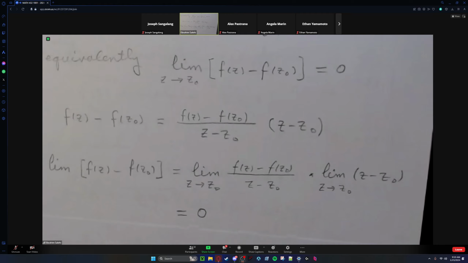But this is a one-way story, right? If the derivative exists, you have continuity, but not the other way around.